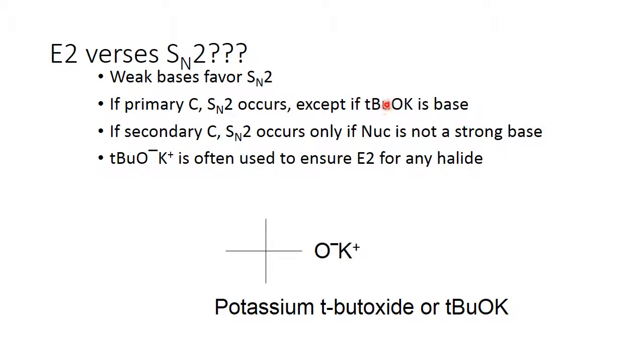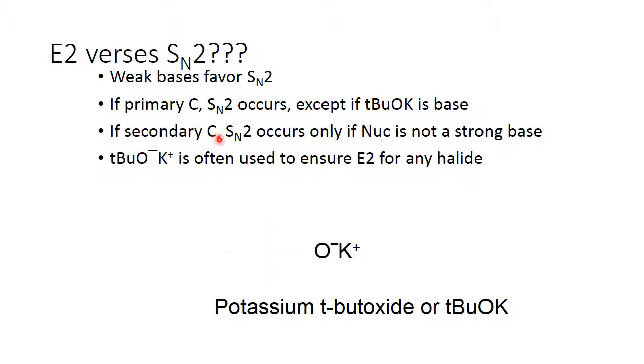So when it tries to do an SN2 on the carbon, the t-butyl group is so bulky, it won't allow an SN2 to occur. So if you have t-butoxide as a base in any reaction, you just automatically say E2 is going to occur. Otherwise, pretty much every nucleophile will do SN2.